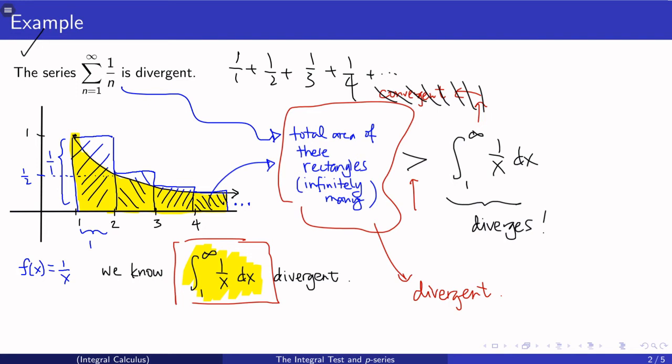Okay, so that was nice. We see integrals again. In fact, we see improper integrals, and this improper integral told us something about the series. Can we use the same technique in order to conclude that a series converges? Well, the answer is yes.